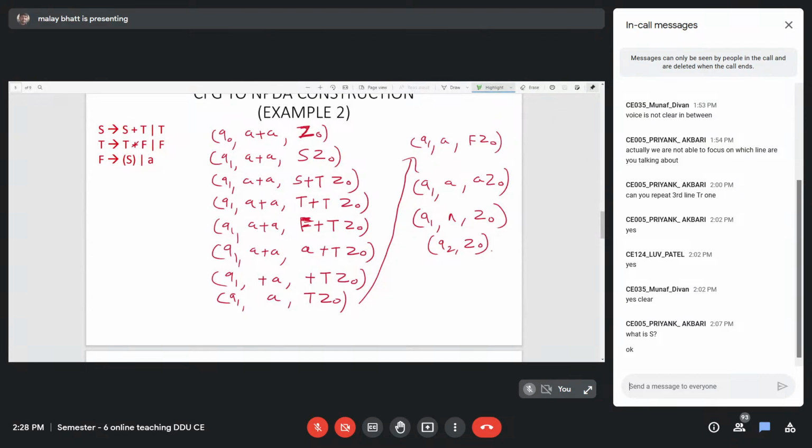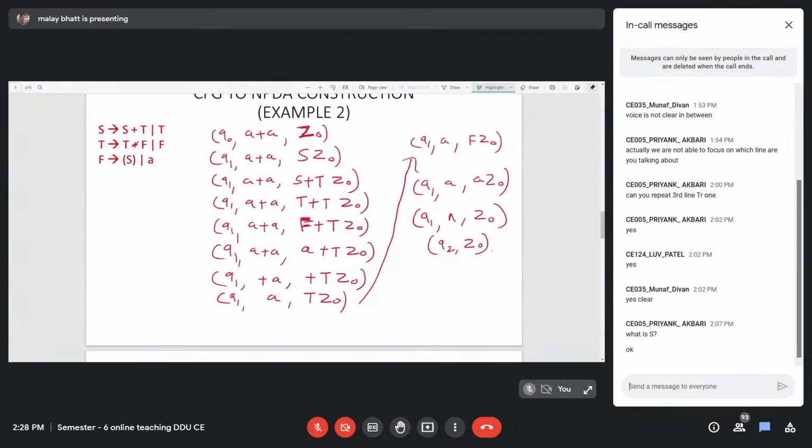Now T is replaced, again with two branches, so I am showing the correct branch: Q1, A plus A, F plus T, Z0. Then F is replaced with A. Again here we have non-determinism, and we are applying the correct path. So A plus T, Z0.